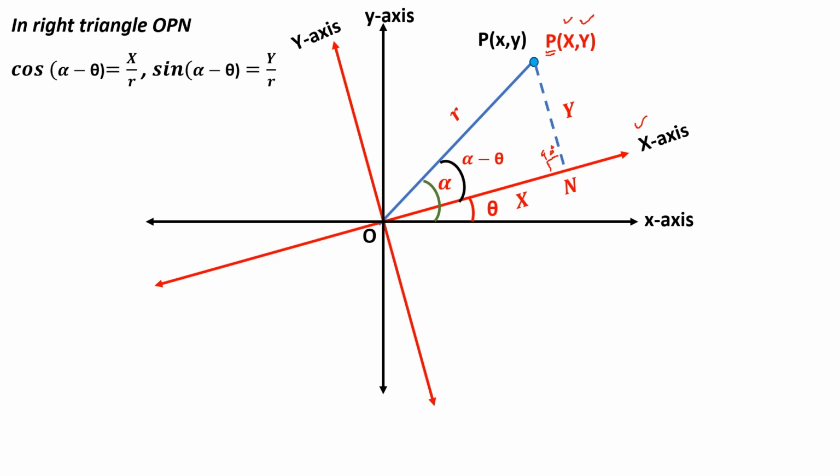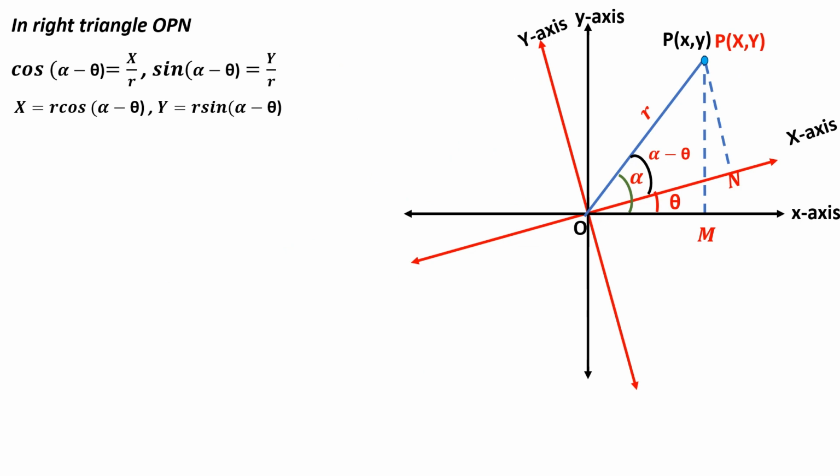From here we get the values of capital X and capital Y as capital X is equal to R cos(alpha minus theta) and capital Y is equal to R sine(alpha minus theta). Now we expand cos(alpha minus theta). So capital X will be equal to R into (cos alpha cos theta plus sin alpha sin theta).